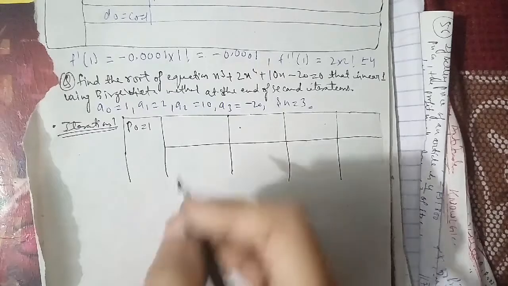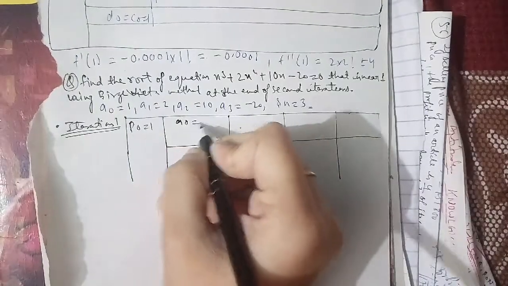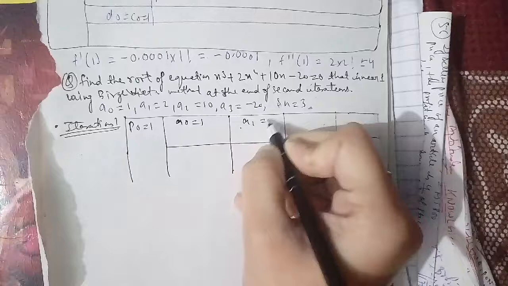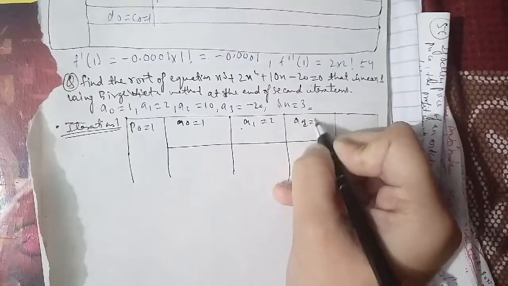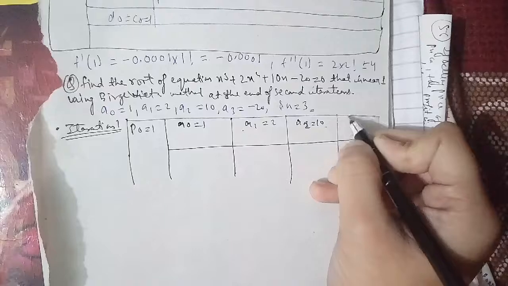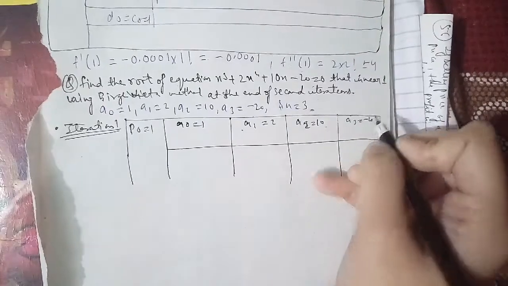We make a table for a0 equals 1, a1 equals 2, a2 equals 10, and a3 equals minus 20.